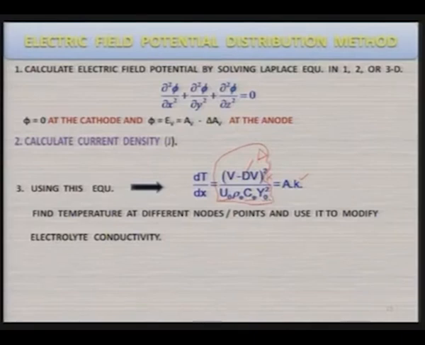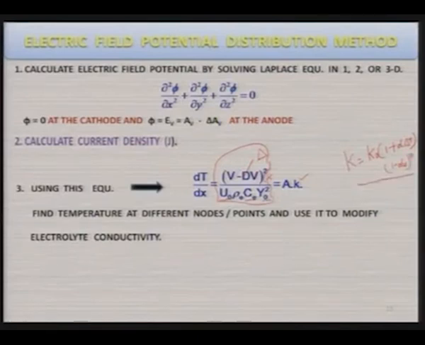So, find the temperature at different nodal points and use it to modify the electrolyte conductivity, that is K, and we already know that K is equal to K0 into (1 plus alpha delta T), which I have already explained, or if you are taking into consideration the void fraction, then it becomes (1 minus alpha V) raised to power n.